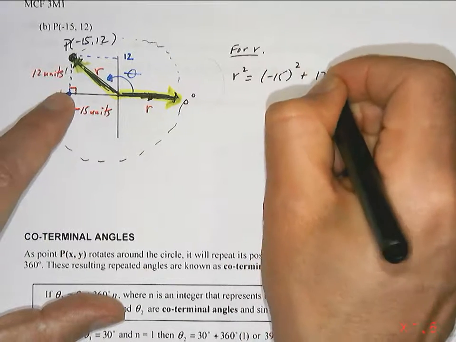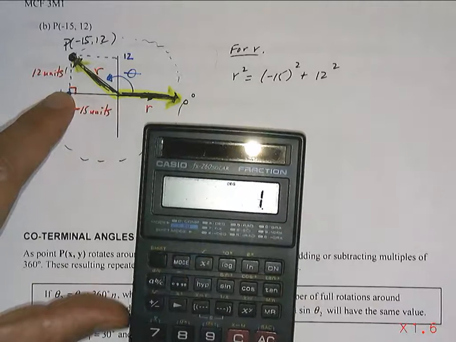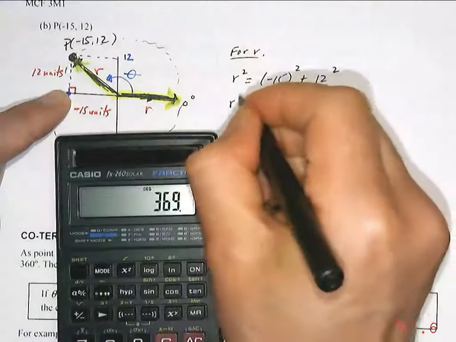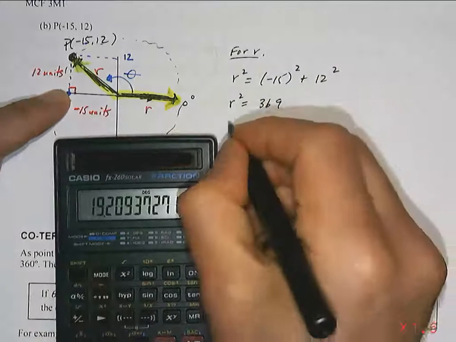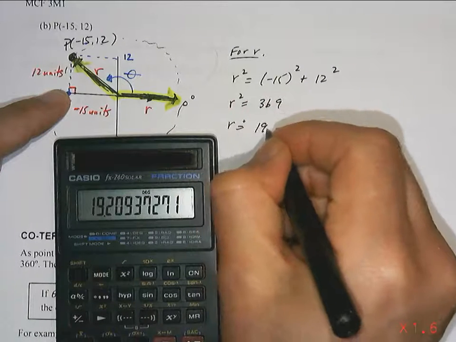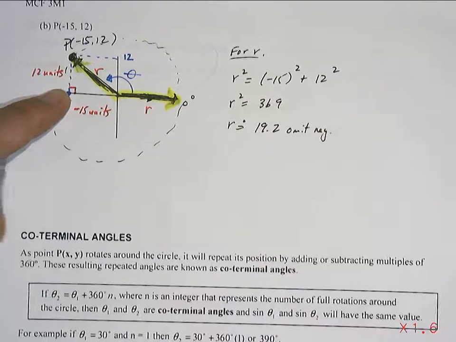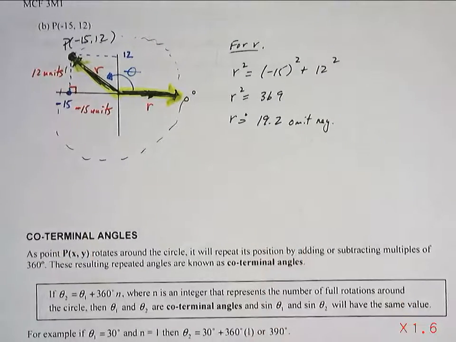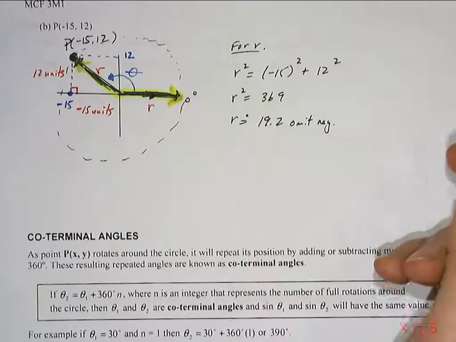And this is going to be 12 squared. And so 15 squared plus 12 squared is 369. We're going to square root that. And we're going to get r equals approximately 19.2, and you omit the negative. Why? Because it's a length. And again, you should be putting this in. You're in grade 11M. You're looking at going into grade 12M. You should be understanding that there's two possible answers there, and we're only using one of the answers.